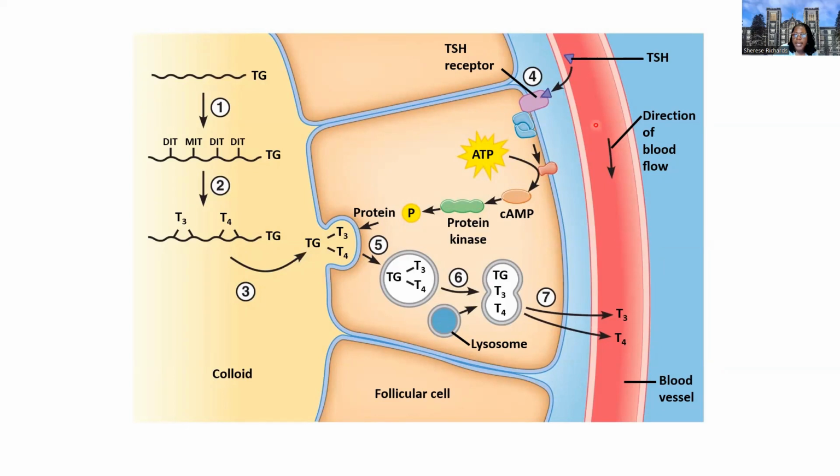So that is how we can take TSH as the trigger for this process, and then make thyroid hormone from the stored colloid, which is really that thyroglobulin and iodide, and turn that into T3, T4, which will be released into the bloodstream.